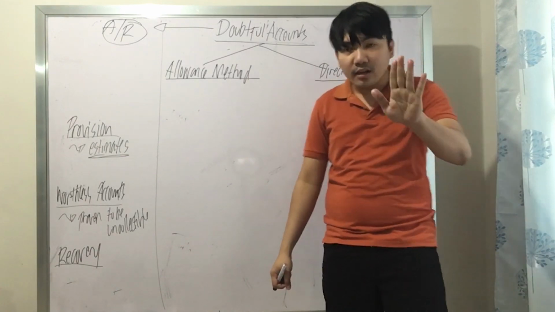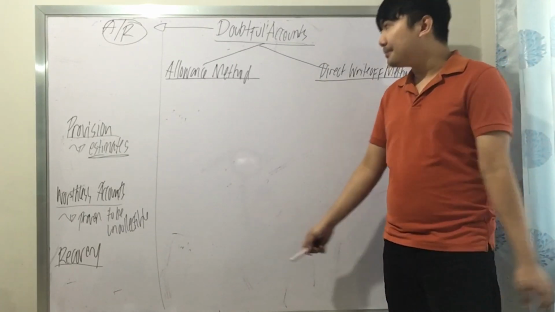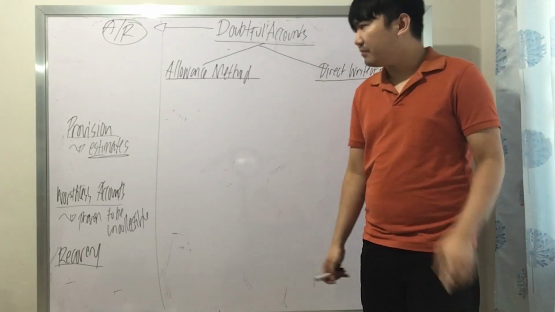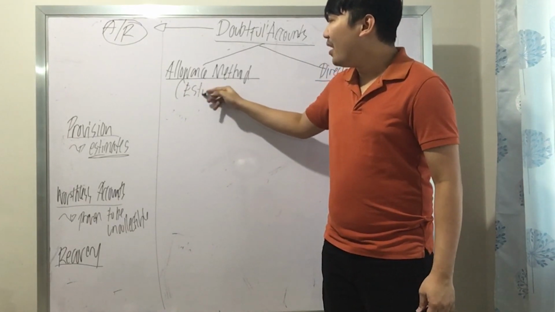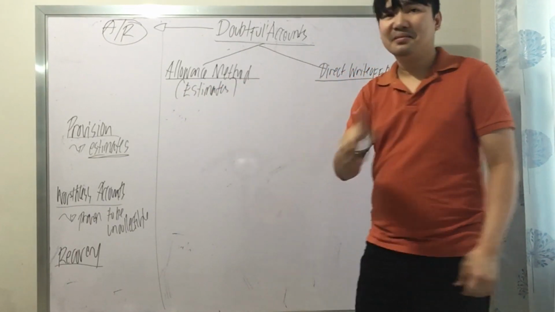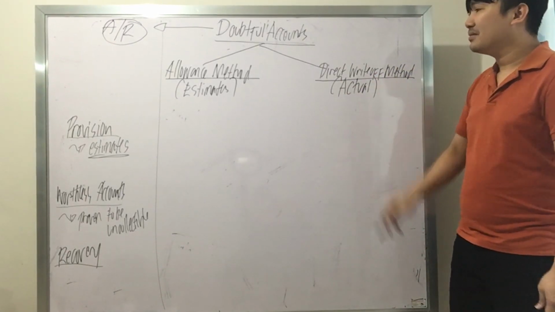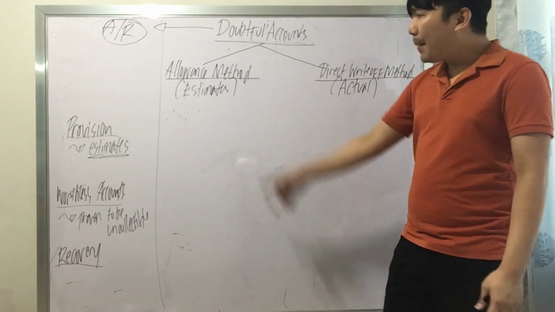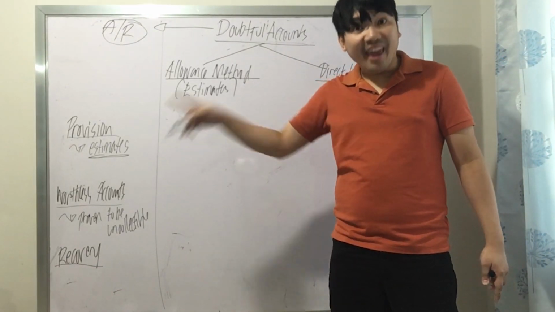So, ngayon, differentiate natin ang dalawa. Okay, makinig. Yung allowance method, tandaan niyo, class, estimate ang focus nito. So, ito namang direct write-off method, actual amounts. Kapag allowance method, upon provision, may entry na siya kagad.